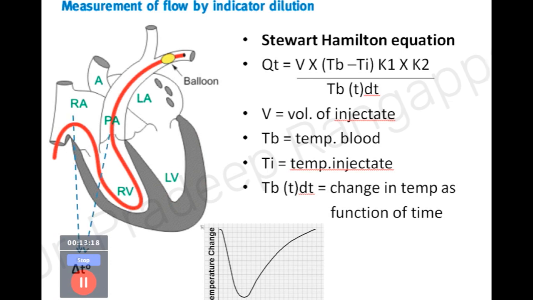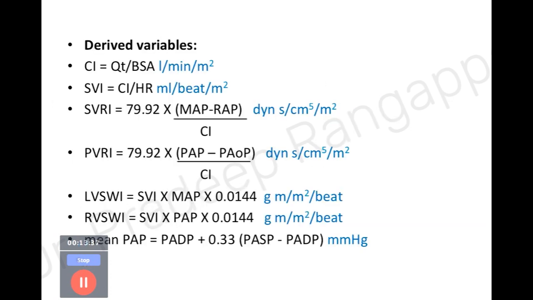As you see this arrow, it is the change in temperature that happens when the cold injectate is infused into the right atrium, and the temperature change when it enters the pulmonary artery. That difference is taken, a curve is created, and using this arithmetical equation, cardiac output is calculated.